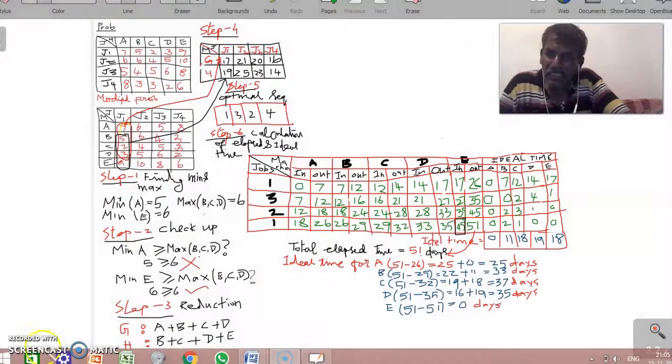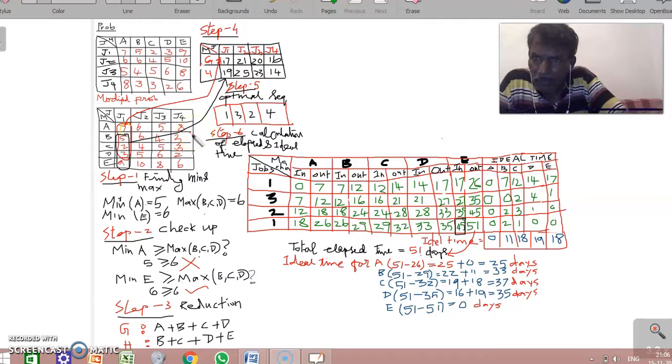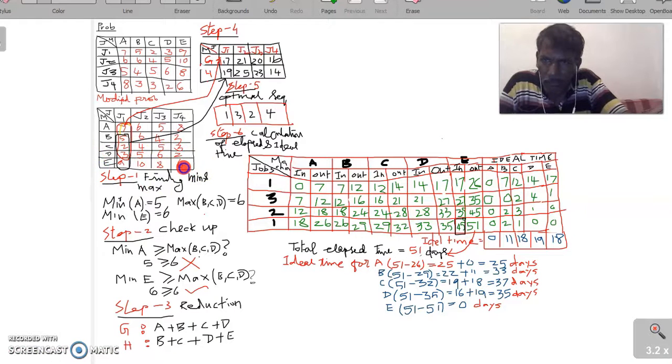In this particular problem, the minimum in the first row is 5 days. Suppose 5 days is the minimum in the first machine, that is machine A. The last machine, the minimum is what? 6 days, 8 days, 10 days, 9 days. So 6 days is the minimum that we have to note.